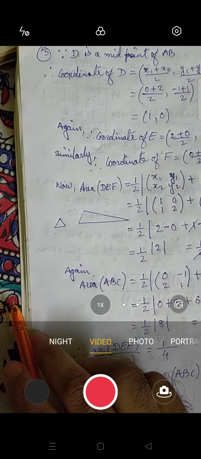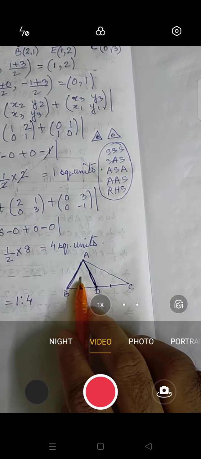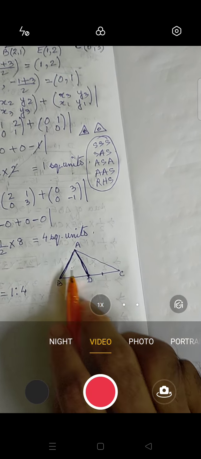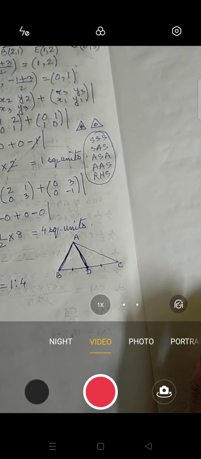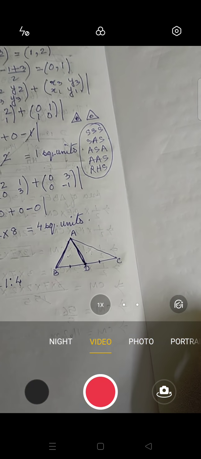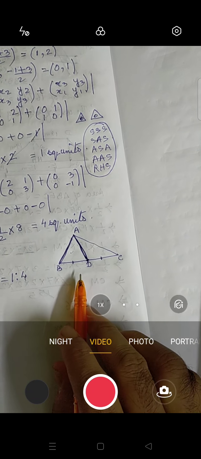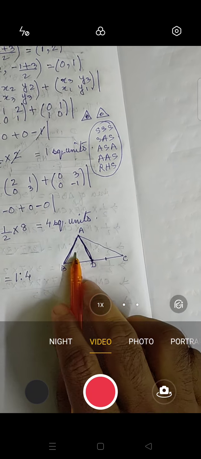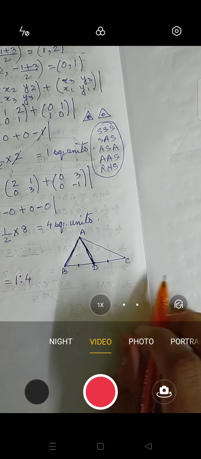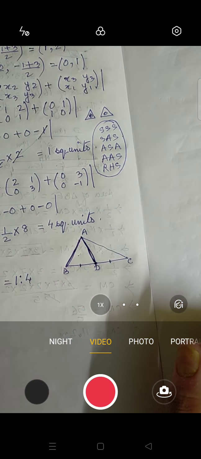No, it's not always possible. Same way, this triangle and this triangle are not congruent. So there is another way. If the triangles are congruent, we can easily say that their areas are the same. But here, these two triangles are not congruent, so there is another way to prove it.